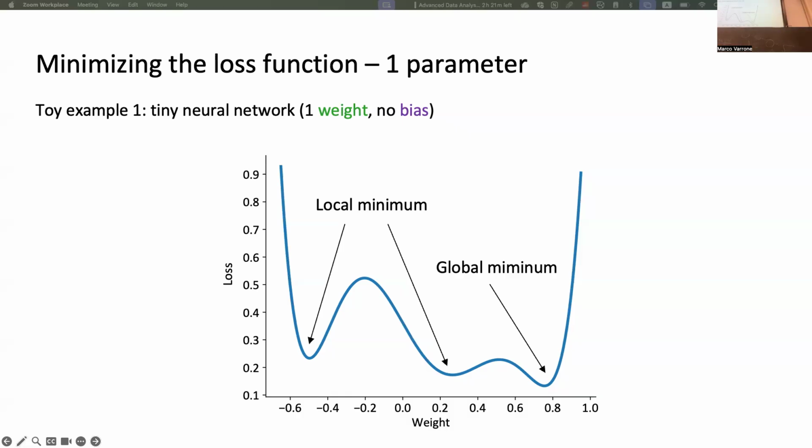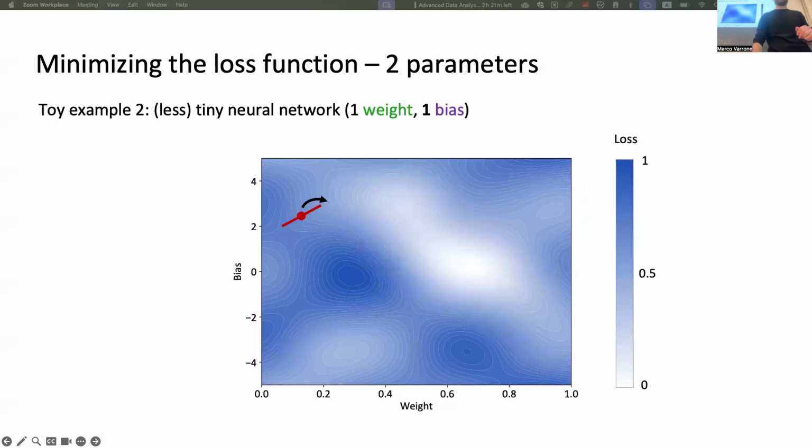So this was one example with one single weight, so a very simple neural network. Once you have two parameters, like one weight and one bias, it's not a line anymore. Now it becomes a surface. And again, areas with brighter blue values correspond to higher loss, while the whiter it is, the lower the loss. So this is the place where you want to set your weights in the end.